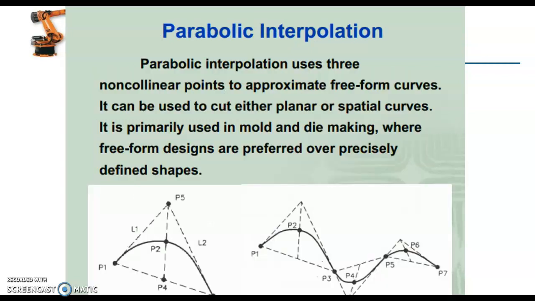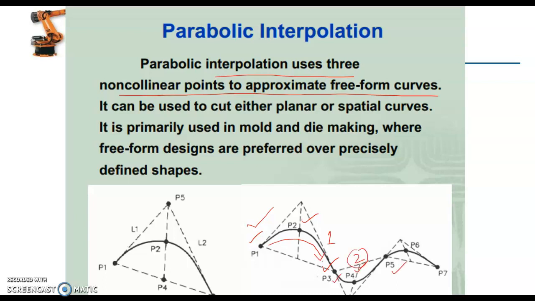In parabolic interpolation, it uses three non-collinear points to approximate freeform curves. So we can consider this curve. These points P1, P2, and P3 are defining the first curve. And the second curve is defined with the 3 points P3, P4, and P5.